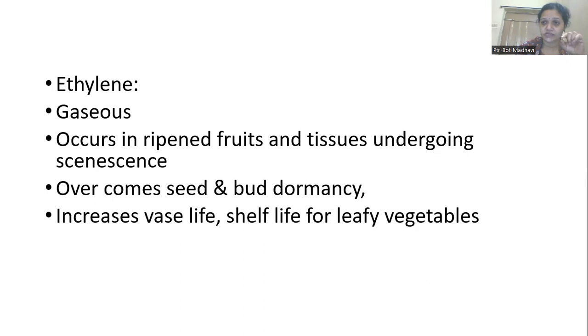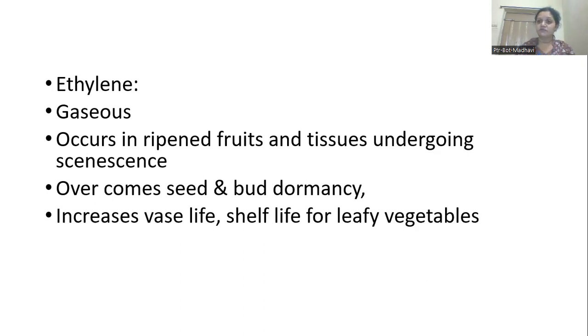It increases seed dormancy in some plants and decreases it in others, it overcomes seed dormancy and bud dormancy in some plants, and it increases the vase life and the shelf life.